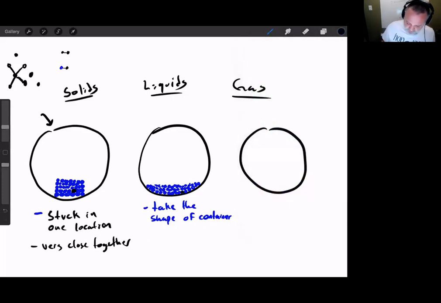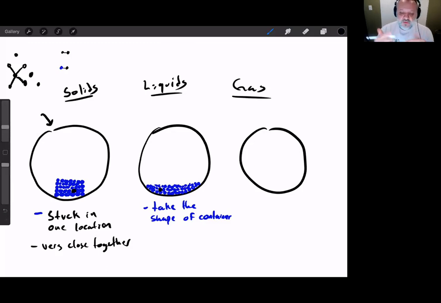But so what does that mean? That means exactly. One student said, if it's able to take the shape of the container, then that means that the individual particles themselves can move past each other and change position. So this black particle can start there, but it can end up over here.